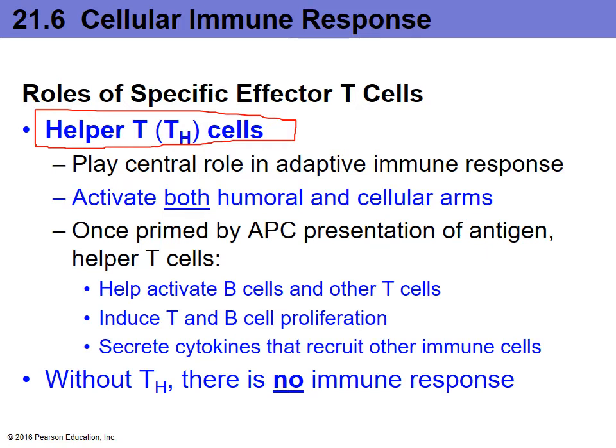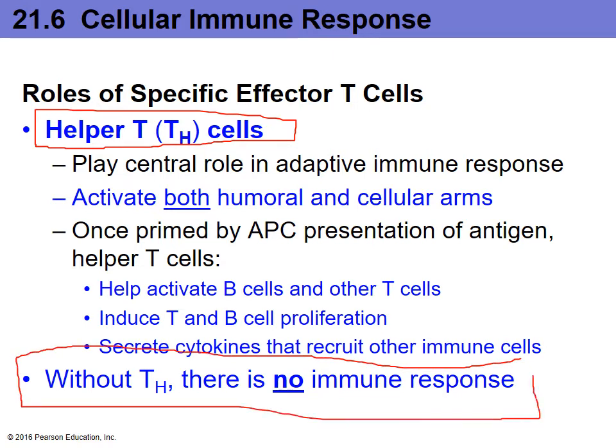So literally, without the helper T cell, there would be no immune response. So if you ever come across a question that'll ask you, what's the most important cell that we have in our immune system? Please make sure to look for an answer that's going to give credit to the helper T cell. Because as you can see right here, it can activate both B cells and other T cells.